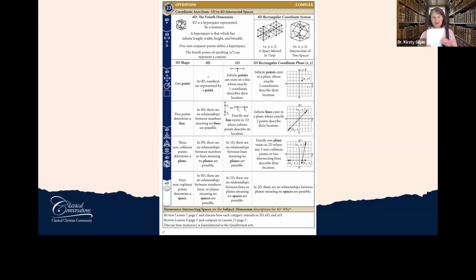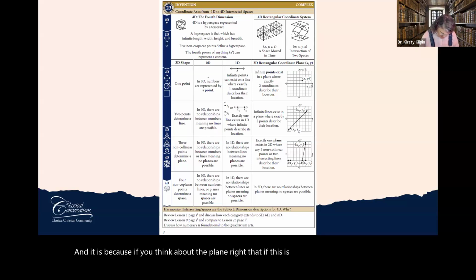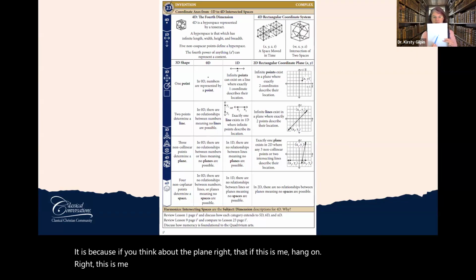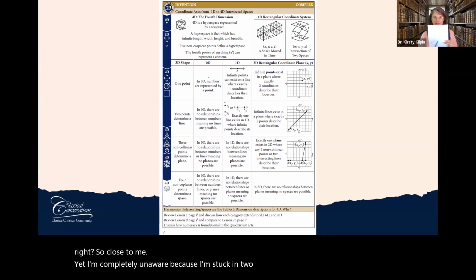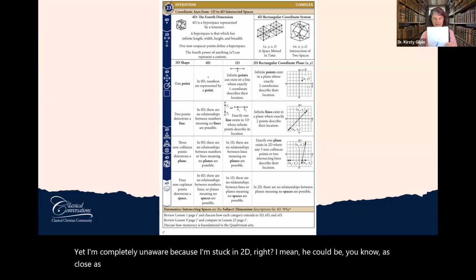And it is, because if you think about the plane, if this is me, hang on, this is me stuck in 2 dimensions, God can be all around me, on either side. So close to me, yet I'm completely unaware because I'm stuck in 2D. He could be as close as 2 numbers, but I don't know because I'm stuck in 2D.